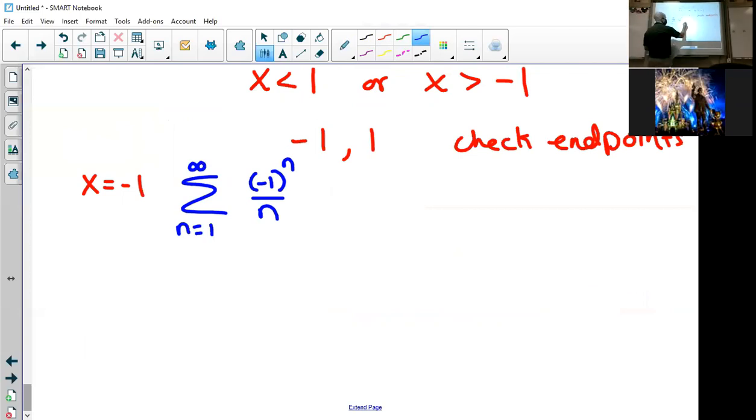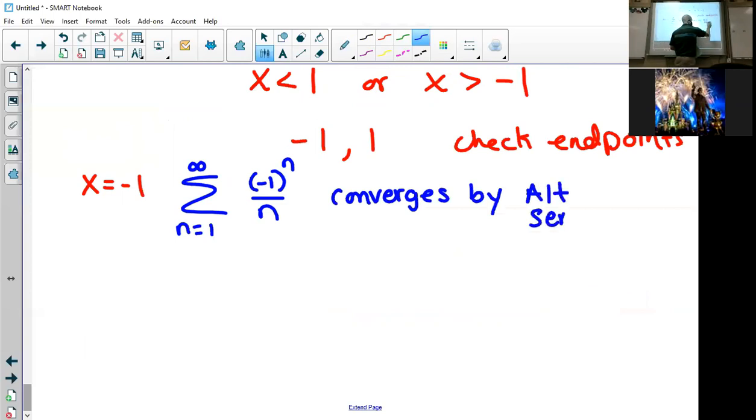That converges by the alternating series test. So that means that at -1, we get a bracket, because -1 will make it converge, and we're trying to find all the values that make it converge.